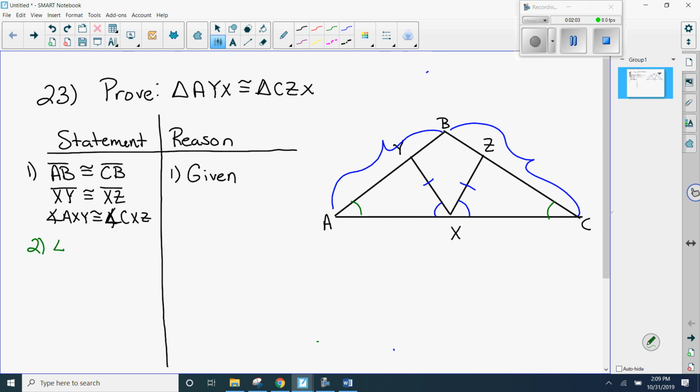So I know that angle A is congruent to angle C. And you could say base angles of an isosceles triangle are congruent, or as Isaiah said, angles opposite congruent sides are congruent. So I know that those two angles will be congruent to each other.